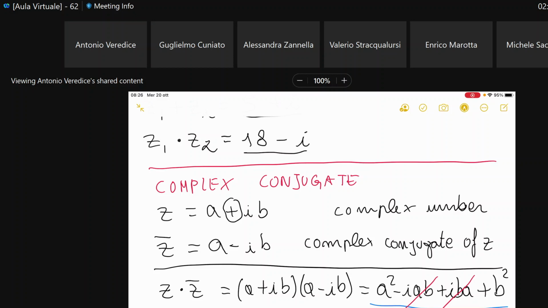So the product Z times Z conjugate gives you A squared plus B squared, and it is a non-negative real number.